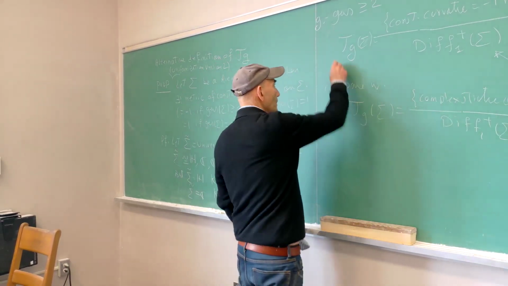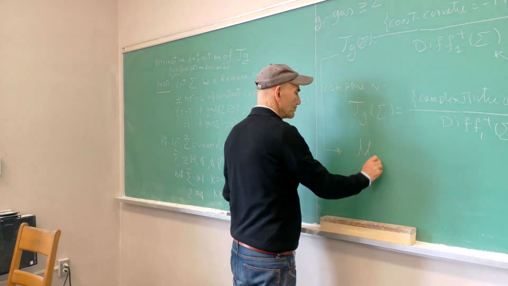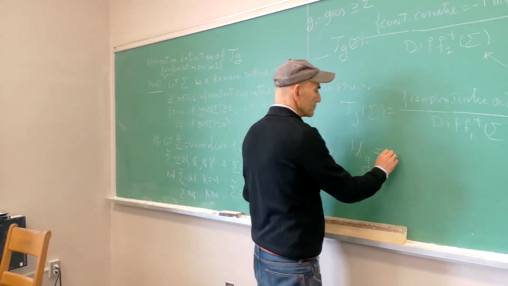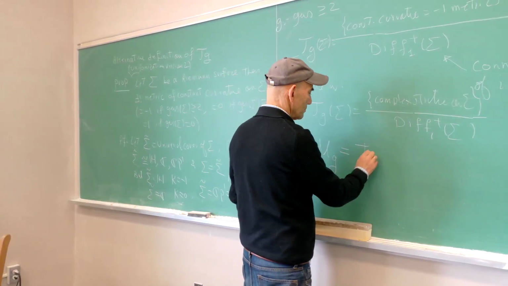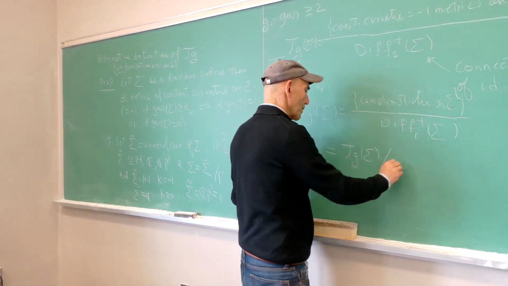And here I just say that M_g is just T_g of sigma divided by Gamma_g.